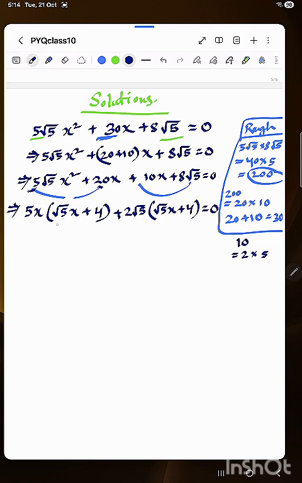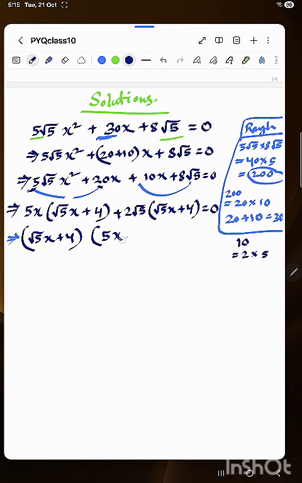Okay, so here I have got the same expression in both these terms. Now take it common. Root 5 x plus 4 I have taken common, then it is 5x plus 2 root 5, right? So we have transformed the equation into factors. Now we can solve for x.